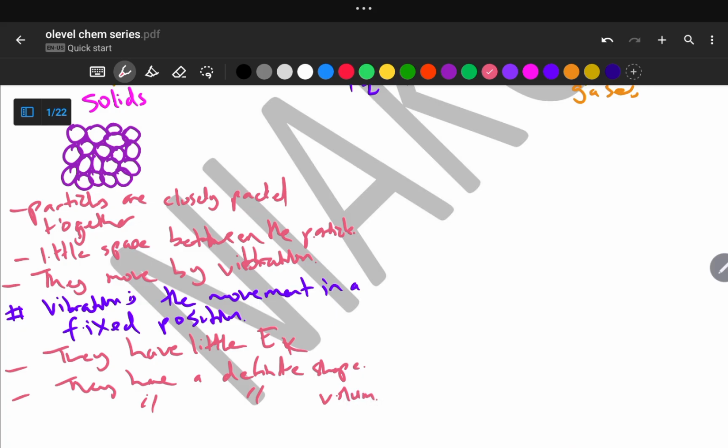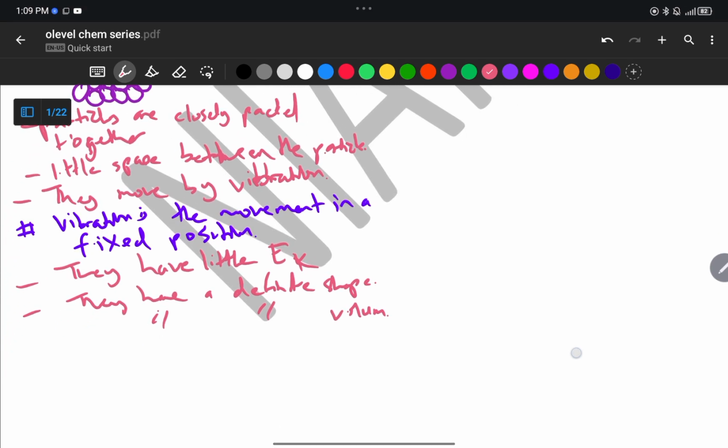These are the properties of the particles within the solid phase. You should also know that the electrostatic forces of attraction between the particles are the ones which yield the definite shape.